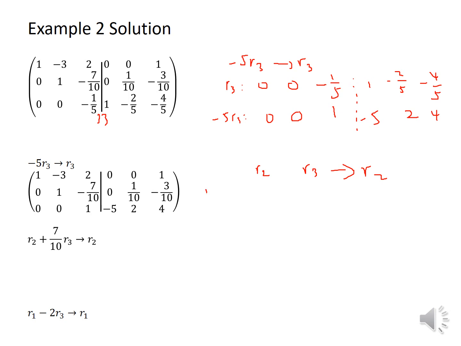And replace into R2. First, write down the R2. And the R3. In order to convert this negative 7 over 10, the coordinate here is at the third column. So you observe the third column of third row is 1.